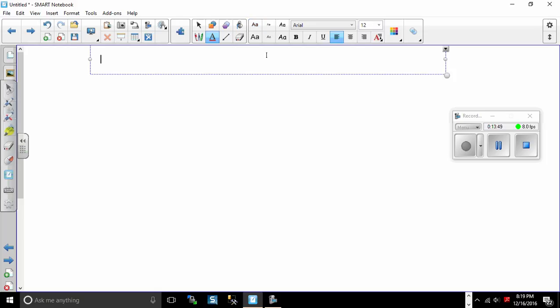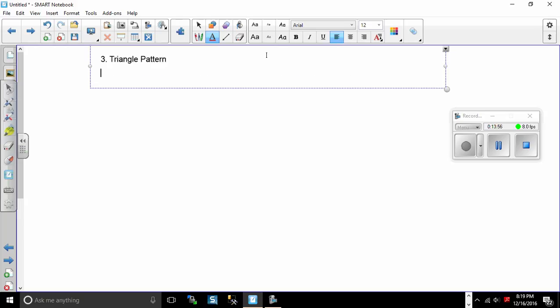All right, so this is called the triangle pattern. The preceding algorithm used repeated countings of the same element.